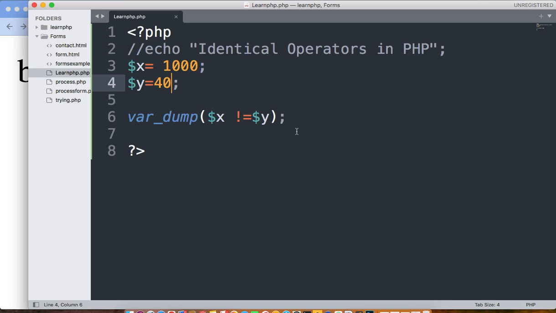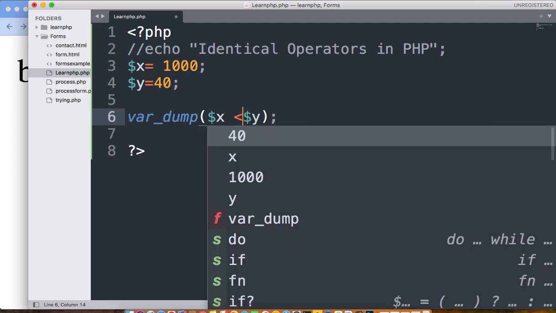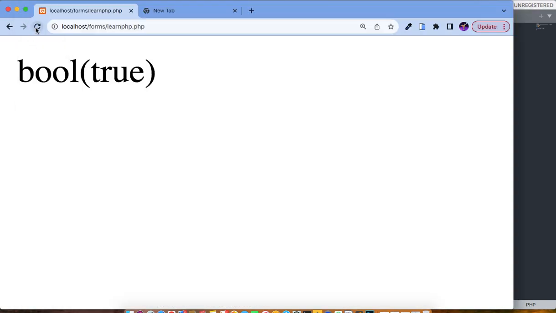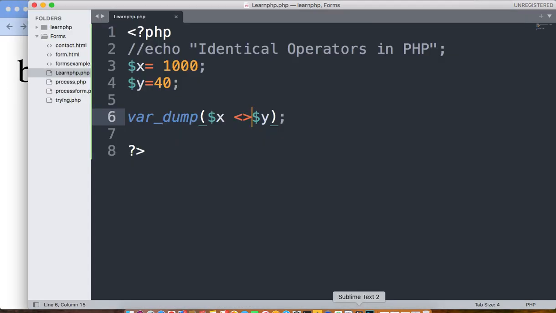Now we also have it represented this way: the less than, greater than symbol. If you save and refresh, you see the same value.